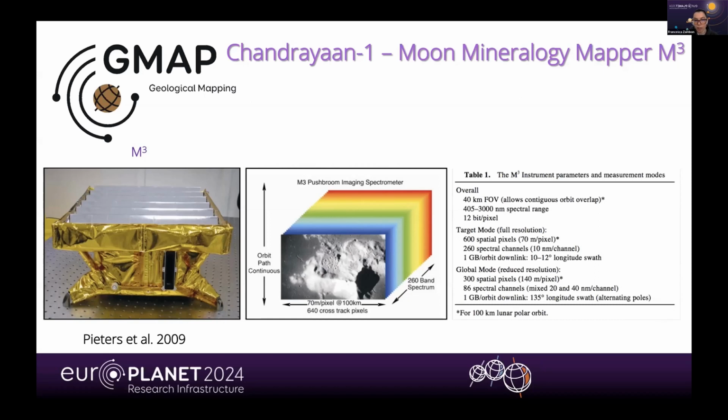So in the global mode, you have images at global coverage at 140 meters per pixel, while in target mode you have better spatial resolution images, but just for some selected regions.